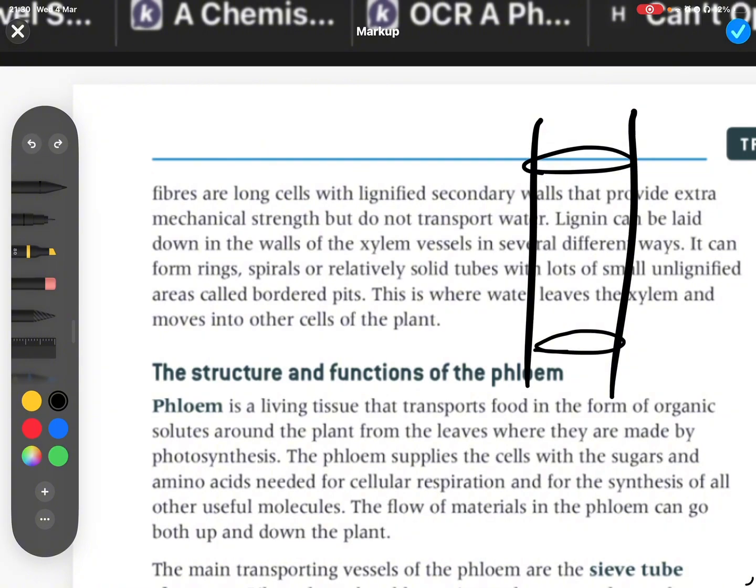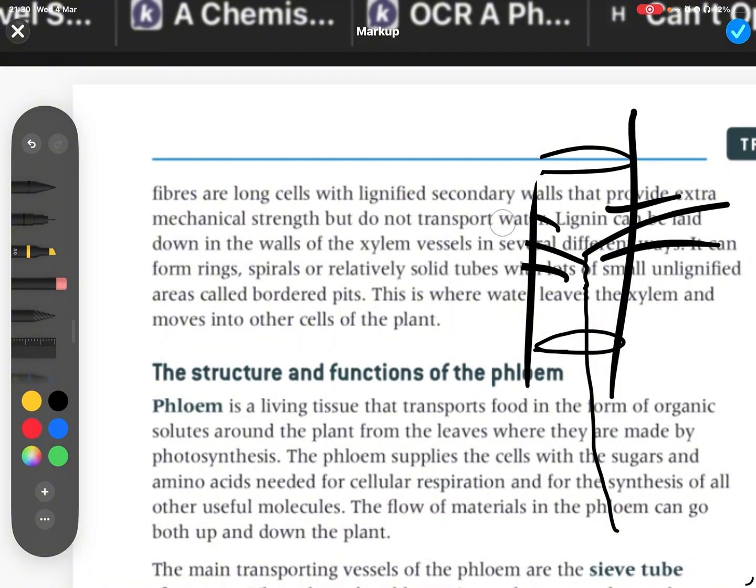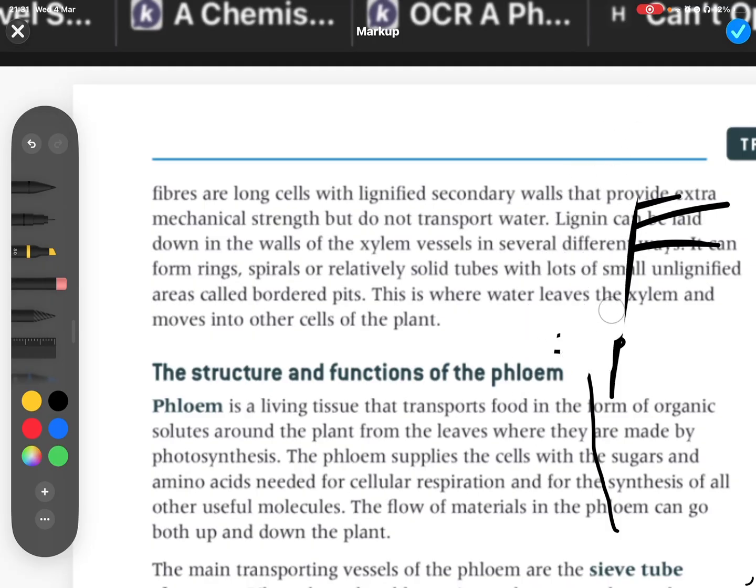I'm saying lignin's waterproof, but this bit's got no lignin. That's where the water leaves. So water's coming up from the roots, and it's like, oh, we've reached a branch, let's go this way. Oh, leaf, let's go that way. It allows the water to escape. That's what those unlignified areas do. Those areas are called bordered pits.